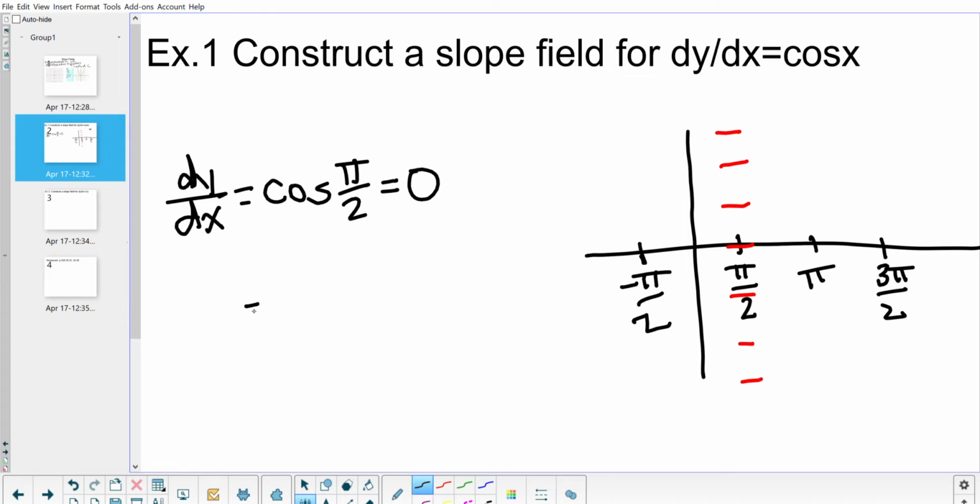How about cosine of pi? Well, cosine at pi is -1. So all along pi, I'm going to draw a slope of -1. My tick mark just needs to look like it has a slope of -1.